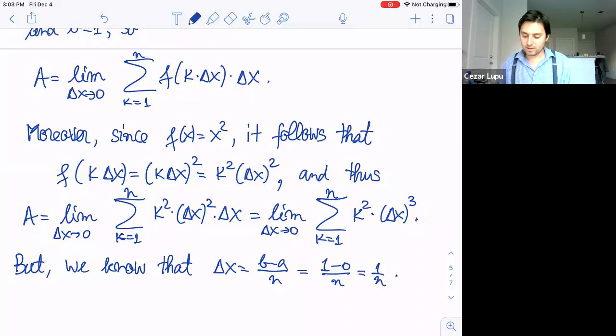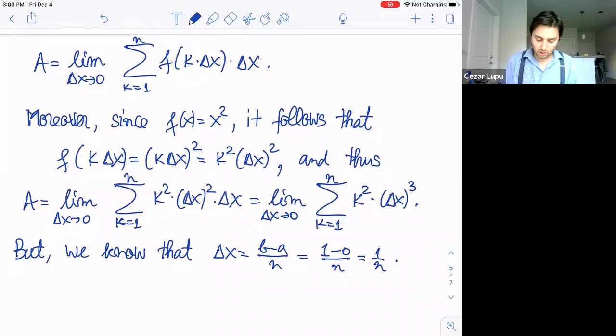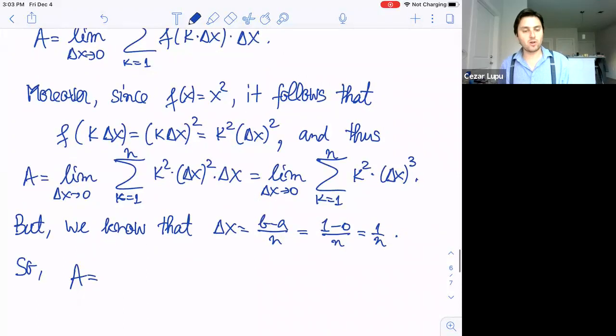And now this limit will transform. Instead of writing delta x goes to 0, we can write 1 over n approaches 0, or n approaches infinity. We said that as n approaches infinity, delta x approaches 0 and the other way around. So they're equivalent.